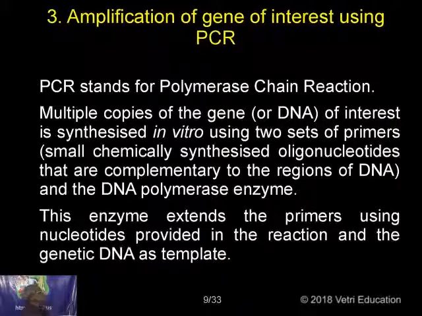Now how is amplification done? Amplification of a gene of interest uses PCR, the polymerase chain reaction. Multiple copies of the gene or DNA of interest are synthesized in vitro using two sets of primers, small chemically synthesized oligonucleotides that are complementary to the regions of the DNA, and the DNA polymerase enzyme.